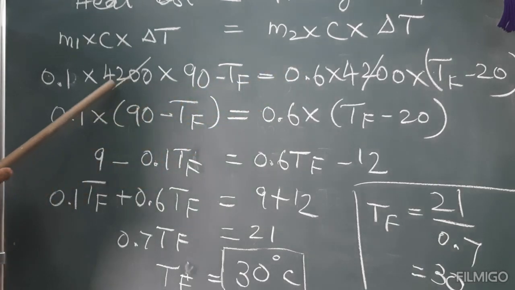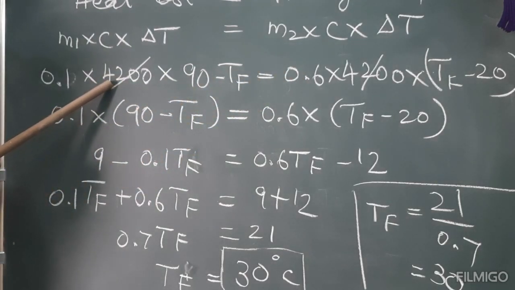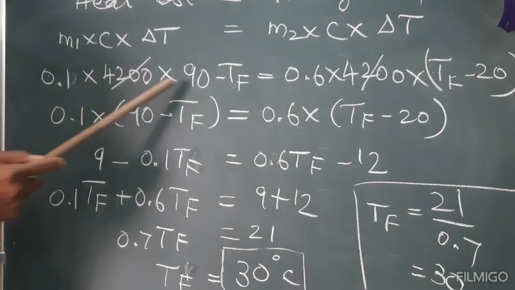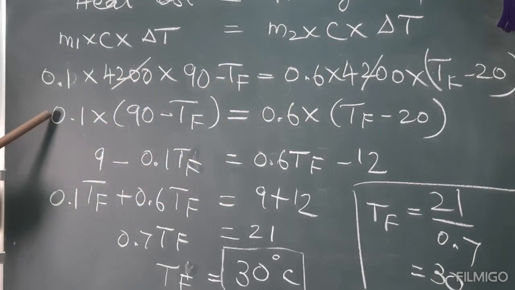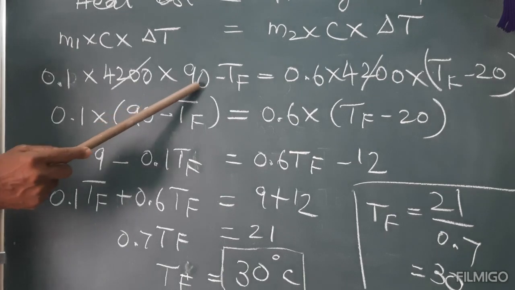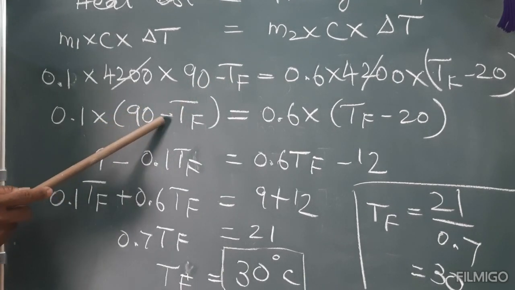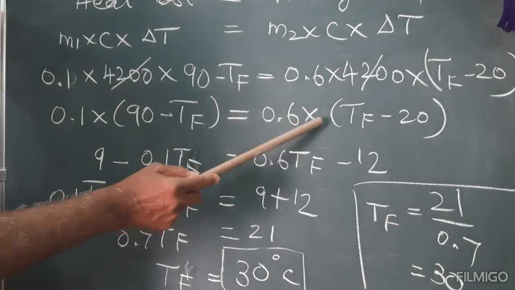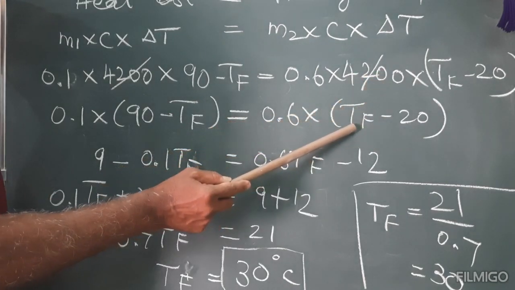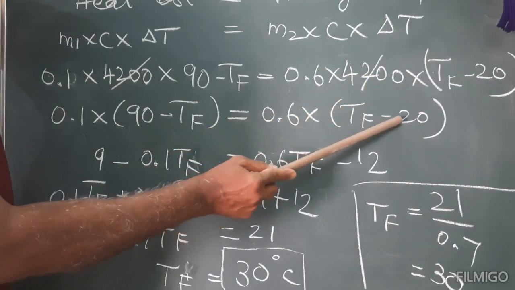When you go for the calculation, this 4200 is common on both sides, so they cancel, and the remaining is 0.1 into (90 minus final temperature) equal to 0.6 into (final temperature minus 20).